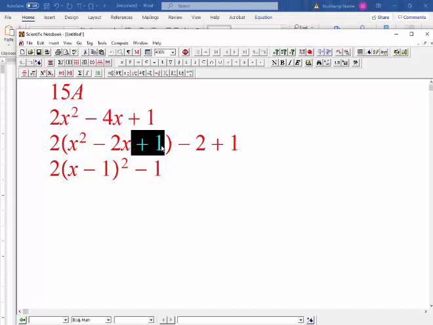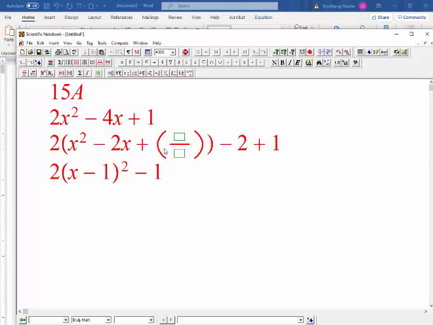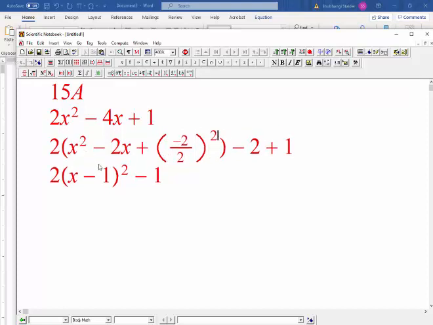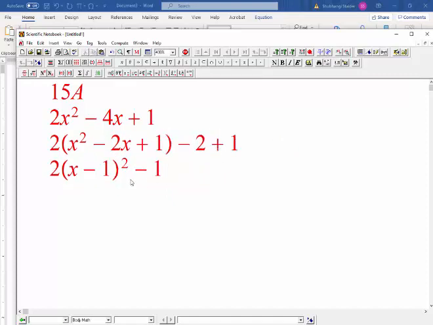Now we have to decide what to add here. Remember, we said add half of the negative 2, and square it. That's how I got negative 1 squared. This whole thing will give me a 1. But look at what I am actually adding.